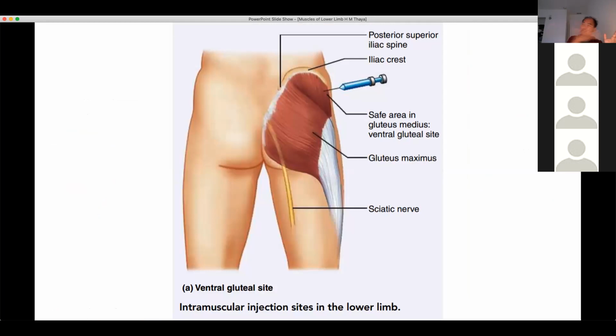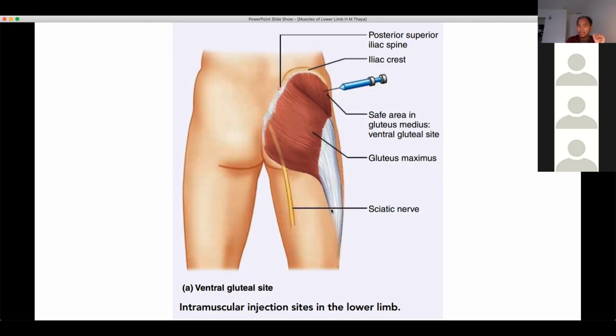Of course, if we remove the skin, that is what we are going to see. This is the gluteus maximus, which is purely posterior. Therefore, if the gluteus maximus muscle contracts, the hip will extend. If you look at the gluteus medius muscle, which is more on the lateral side, when it contracts, the leg will go outwards.